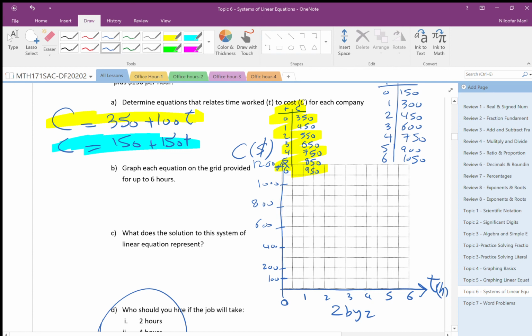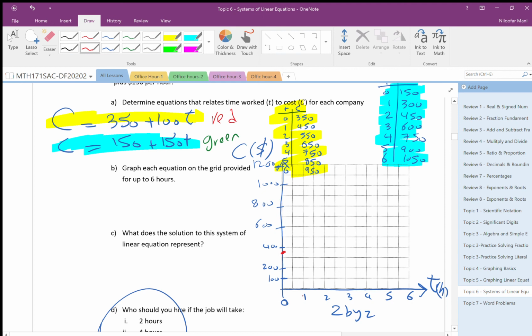Okay, so let me color this one for the other one, helpful contracting. For this one I can do red, and for this one I can do blue, or maybe green. Okay, so red. 0 and 350, so it's here.